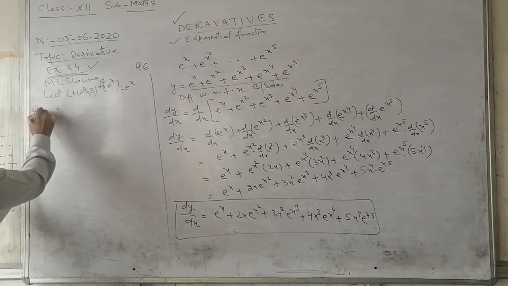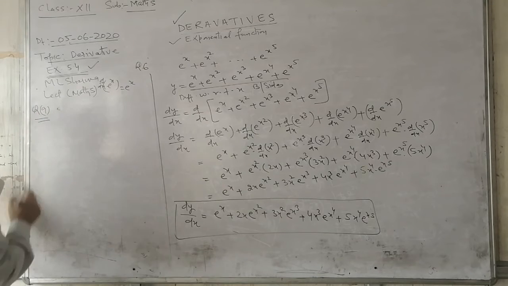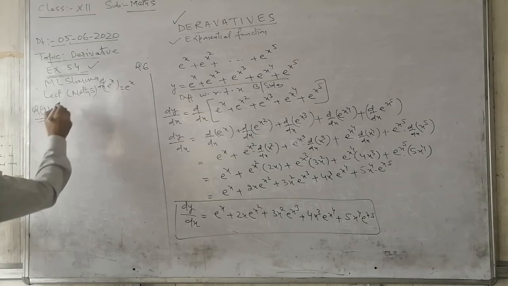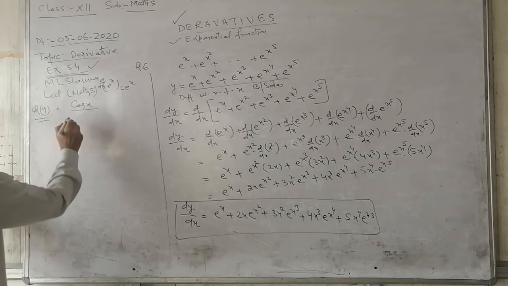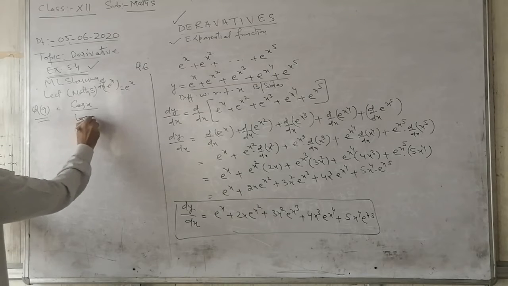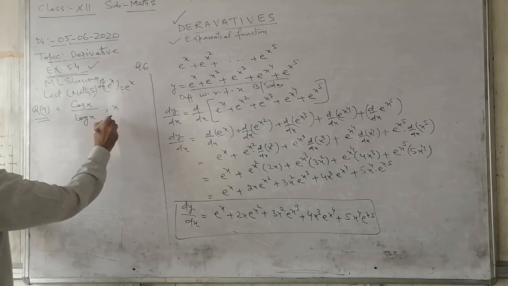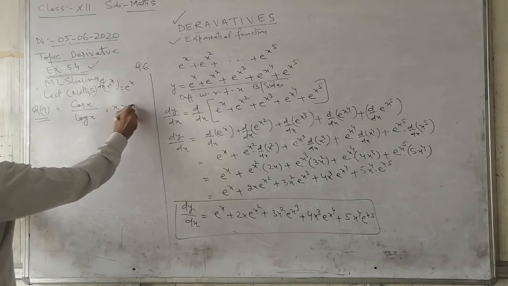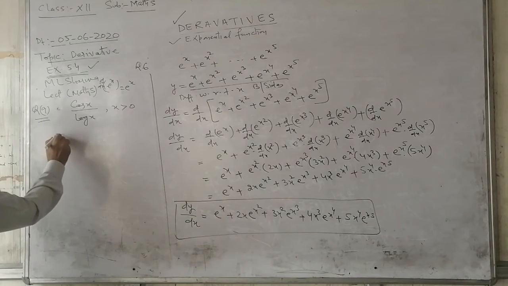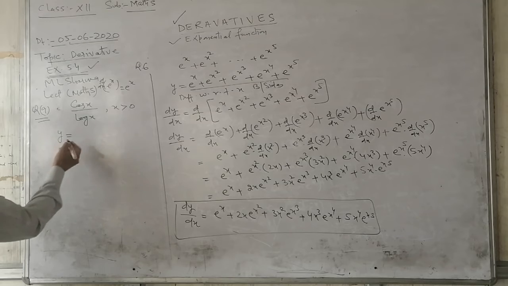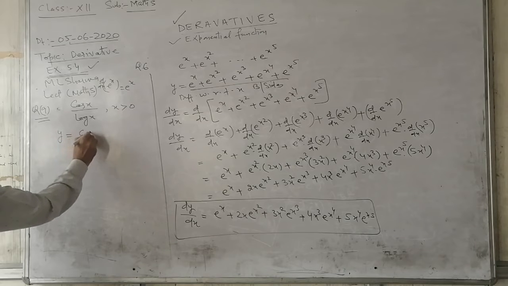It says find its derivative where x is greater than 0. So this is a function which is given and its derivative is to be found out. So let this equal y.